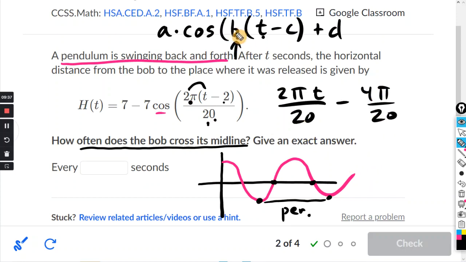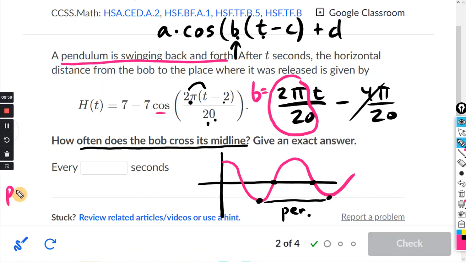We are just looking for the value of b, so we don't even need this right here. All right, so b is what's multiplied by t, and in this function here, we can clearly see it is 2 pi over 20 that's multiplied by t. So that's the value of b. b is 2 pi over 20.